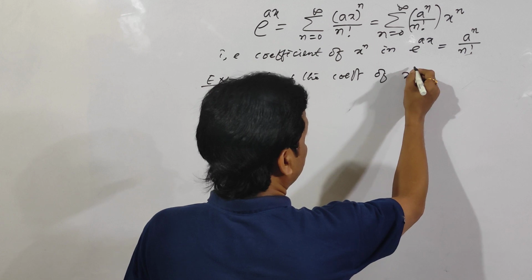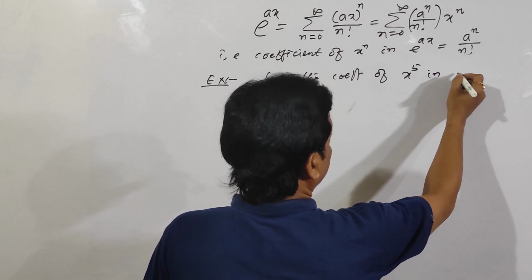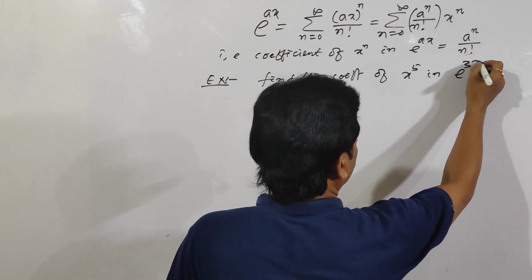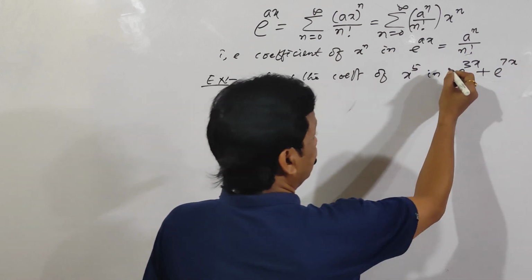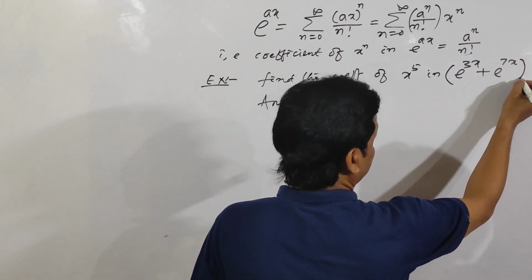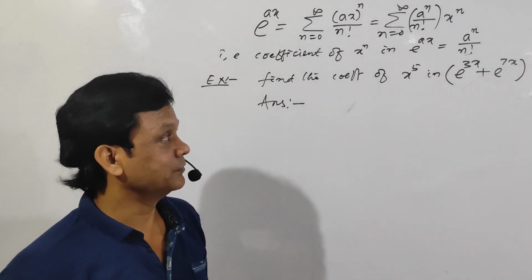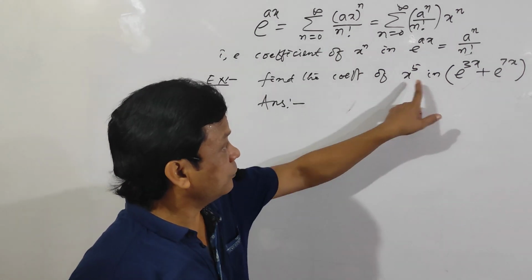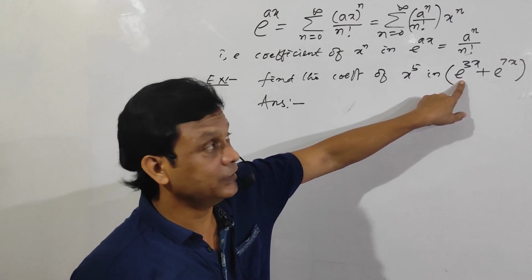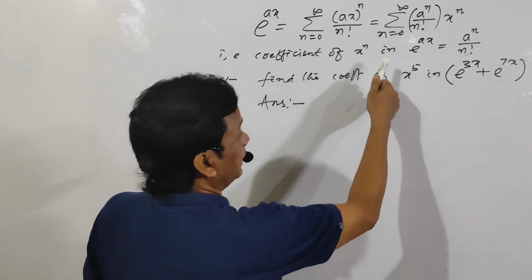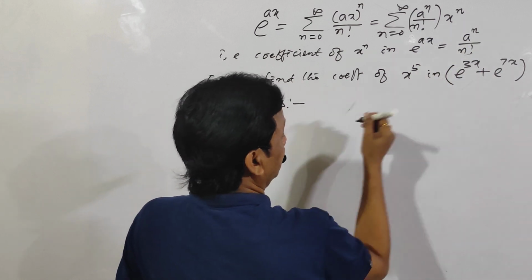Okay. Another question. Find the coefficient of x to the 5 in e to the power 3x plus e to the power 7x. So how to find out? First you should find out x to the 5 in the first term and apply the formula. Here n is 5 and a is 3.